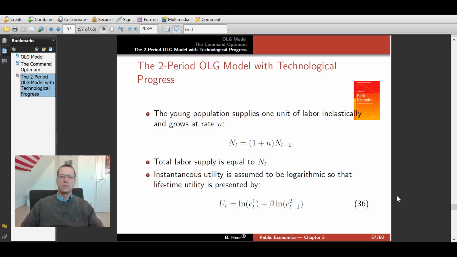The superindex 1 and 2 is the age, workers and retirees respectively, and the subindex t and t+1 are the time periods. Lifetime utility is additively separable in utility at young age and at old age, and the instantaneous utility of consumption is logarithmic. Old age utility is discounted with the factor beta. So lifetime utility is presented in equation 36.